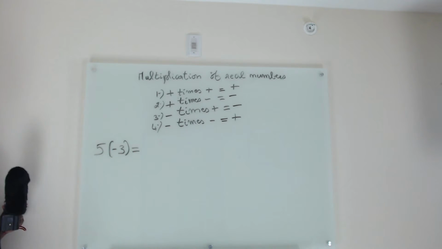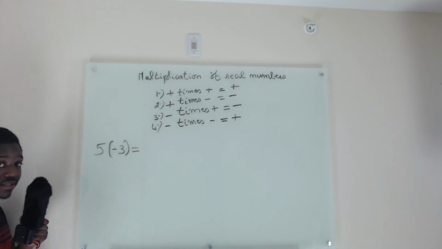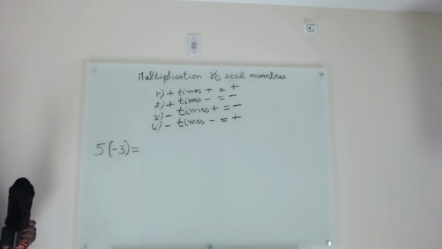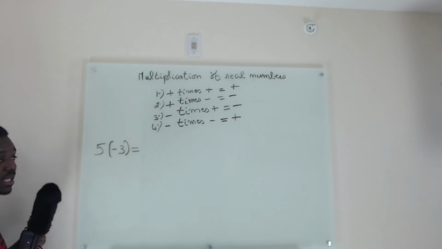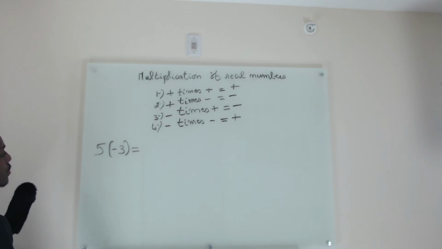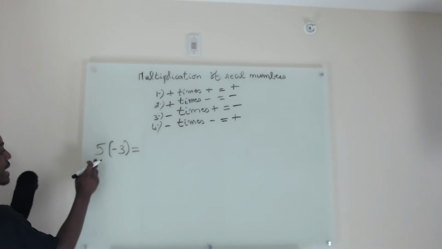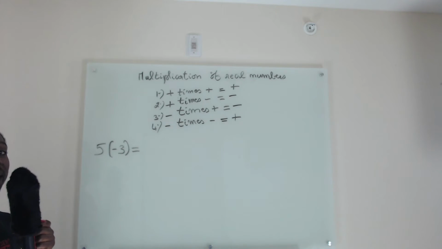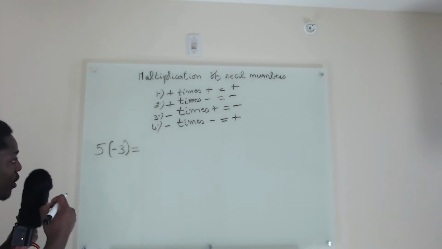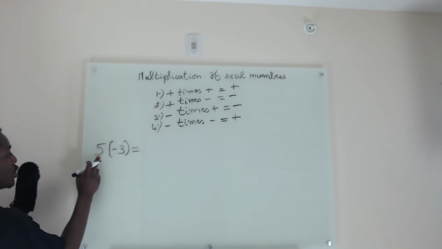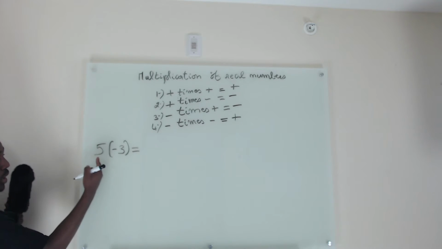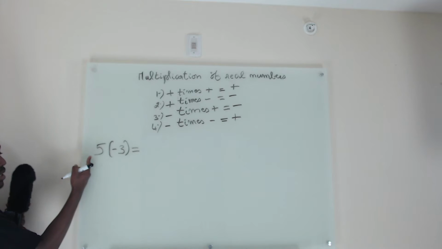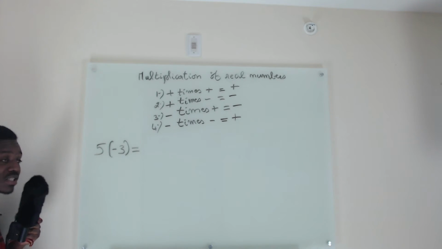Again, as I said, parentheses means multiplication. Wherever you see parentheses, it means multiplication. To multiply these two numbers, we always begin by multiplying the signs first. The sign of the number 5 is located on the left side of 5, and if it is empty, the sign is positive.